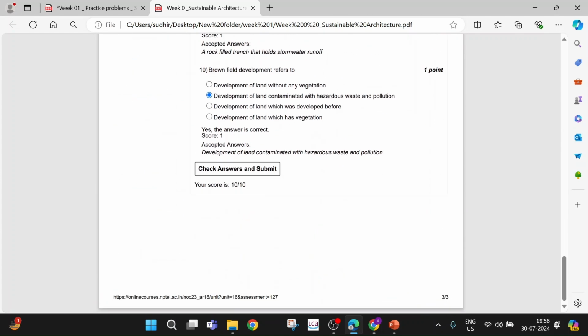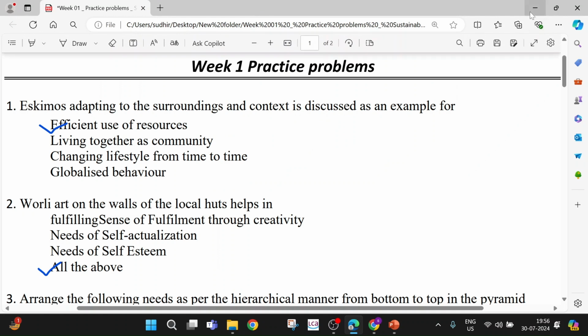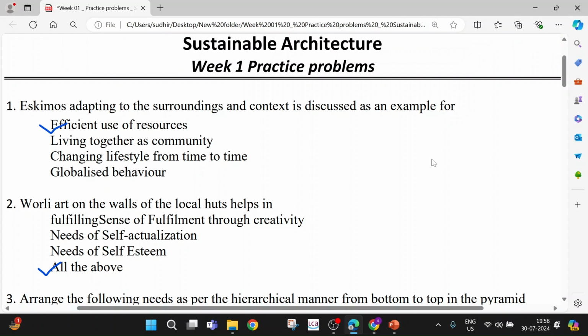But for the rest, I have gone through all the previous year questions of the week 1 assignment, and various questions can be formed based on the understanding.